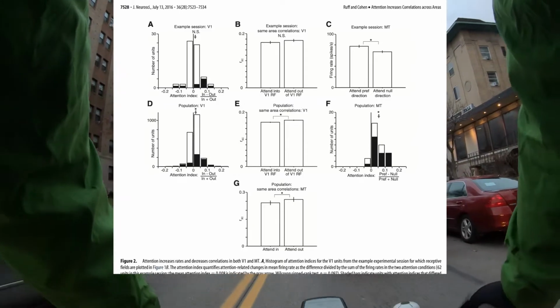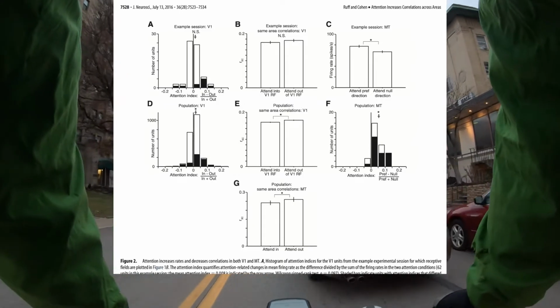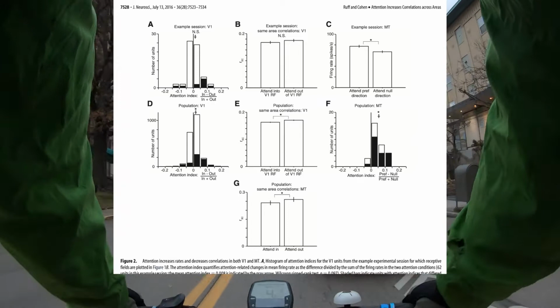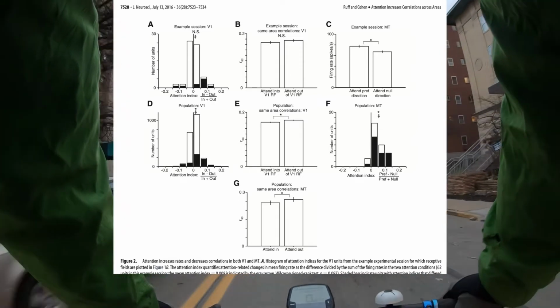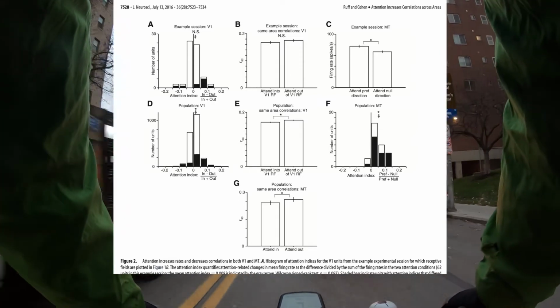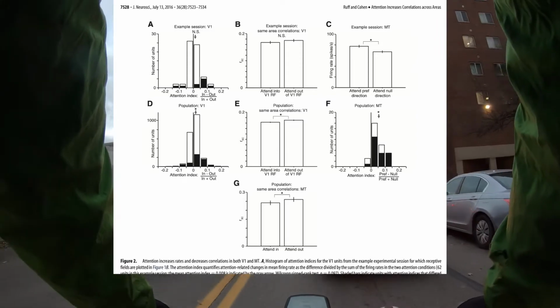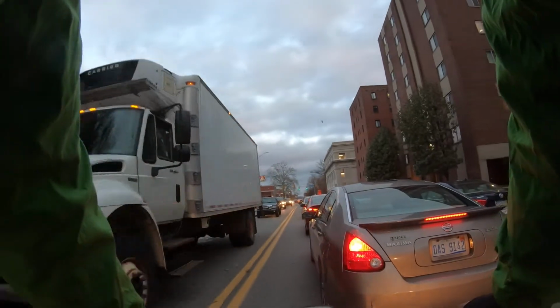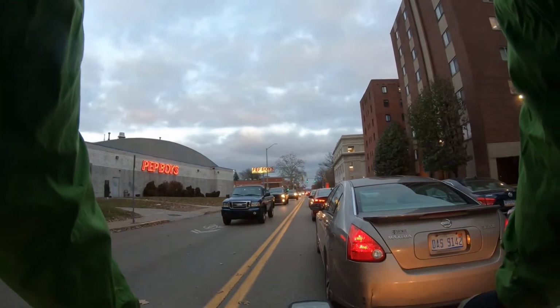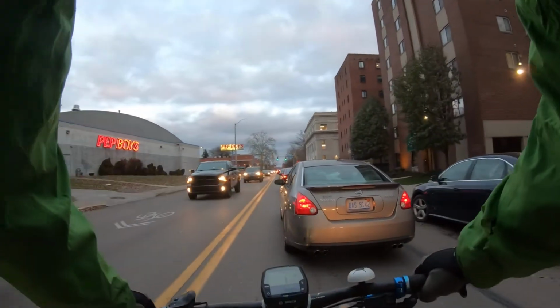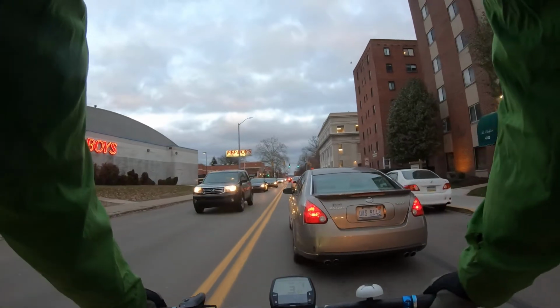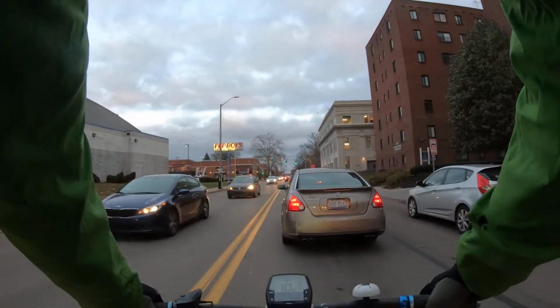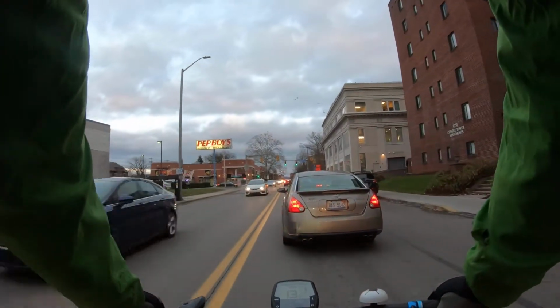So figure 2 shows the attend in and attend out positions or data in summary, showing that individual firing rates increase in the attended state, but the local correlation between those firing rates decreases. And that's shown in both MT and in V1.